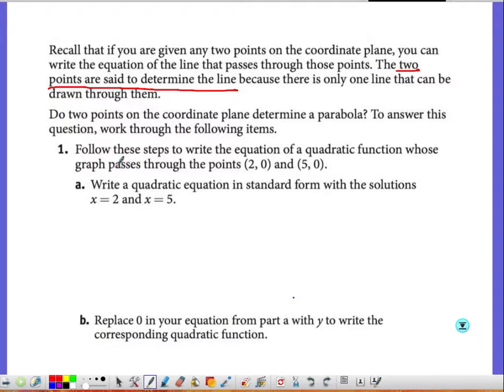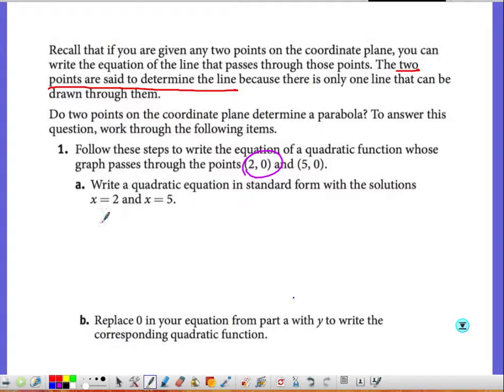Follow the steps to write the equation of a quadratic function whose graph passes through the points (2, 0) and (5, 0). Alright, so those are the 2 points we're given. Write a quadratic equation in standard form with the solutions x equals 2 and x equals 5. Notice that my y-coordinate is 0 for both of these.